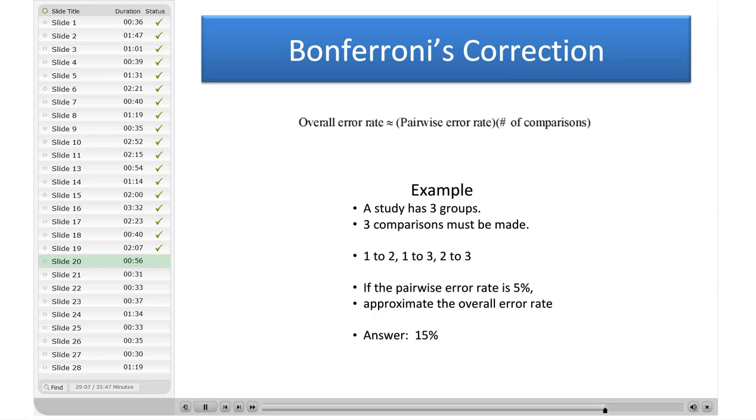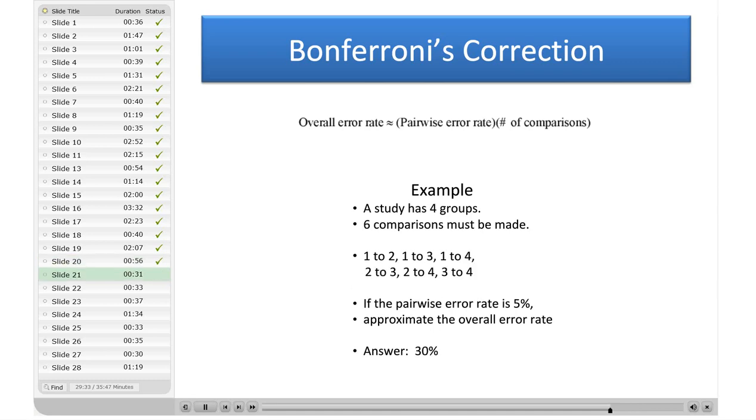In the example we were just doing, our study had 3 groups, so 3 comparisons have to be made. You have to compare 1 to 2, 1 to 3, and 2 to 3. So we're making 3 comparisons. That means that if the pairwise error rate is 5%, that gets multiplied by 3, and the overall error rate could be approximately 15%.